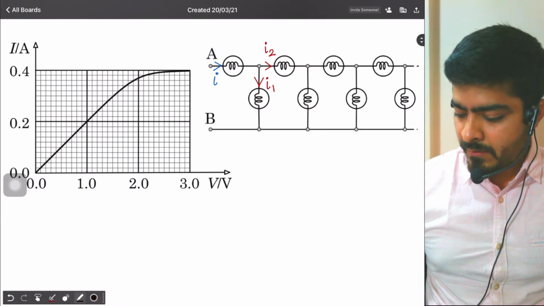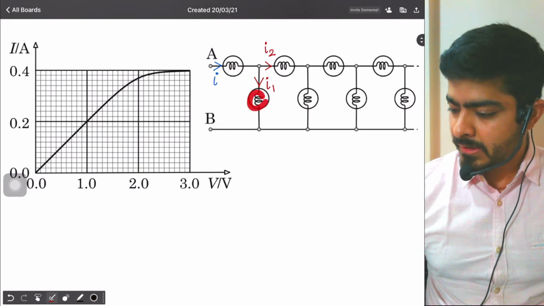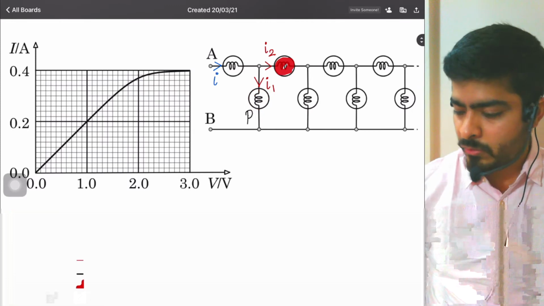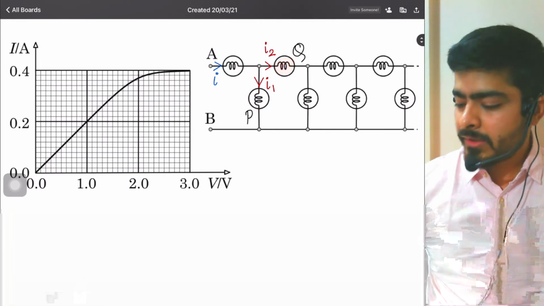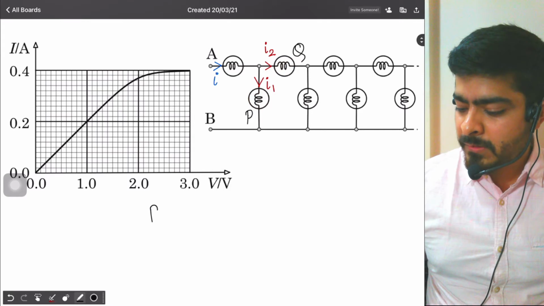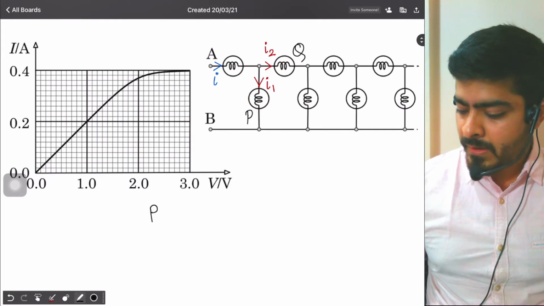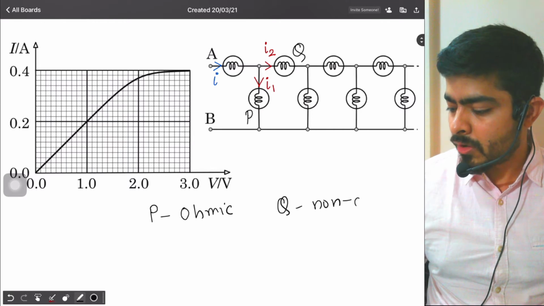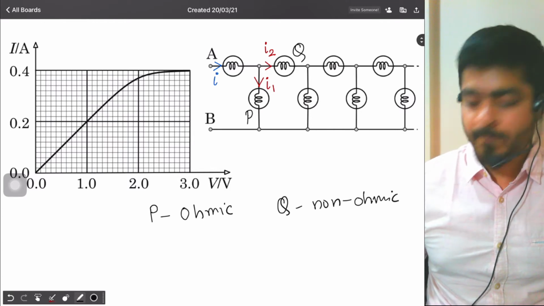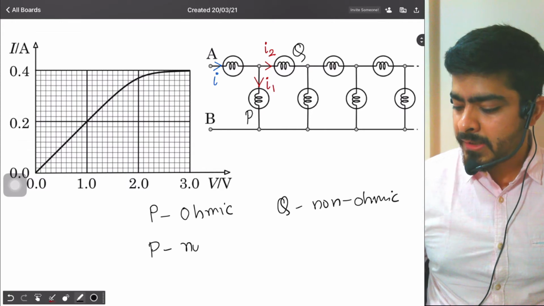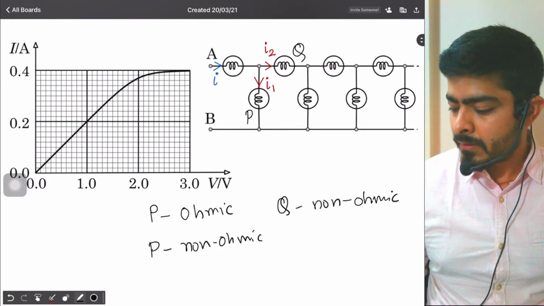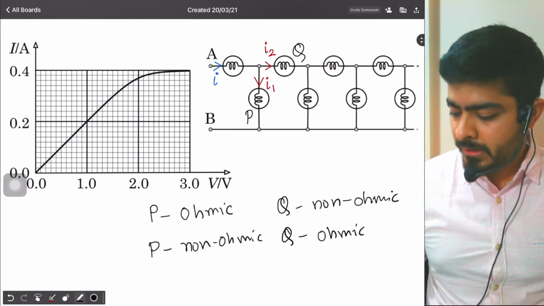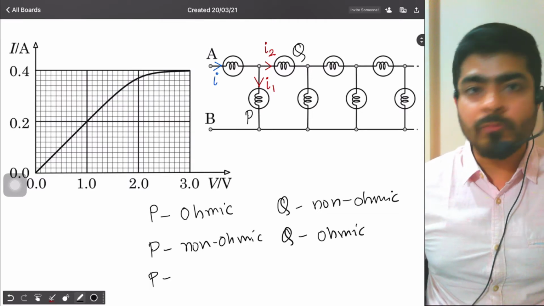First of all, let's name this lamp to be P, and let's name this lamp to be Q. First possibility is that P is ohmic and Q is non-ohmic. Second possibility is that P is non-ohmic while Q is ohmic. Third possibility is that P and Q both are non-ohmic.